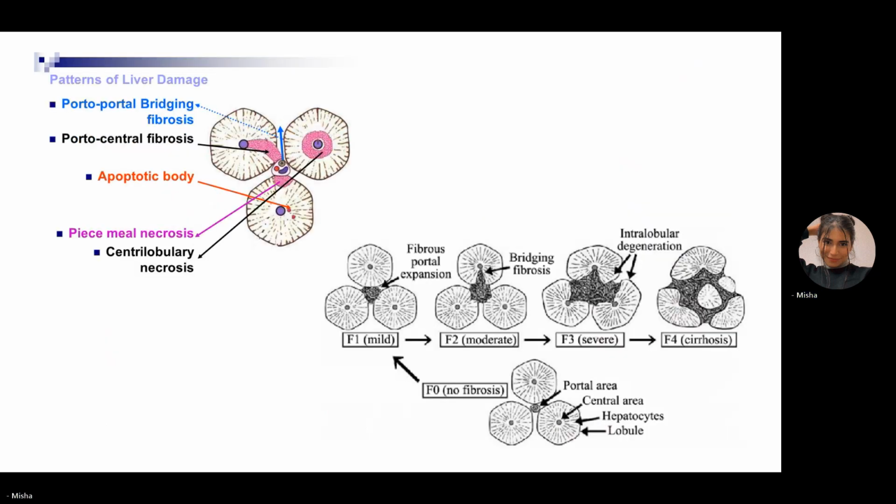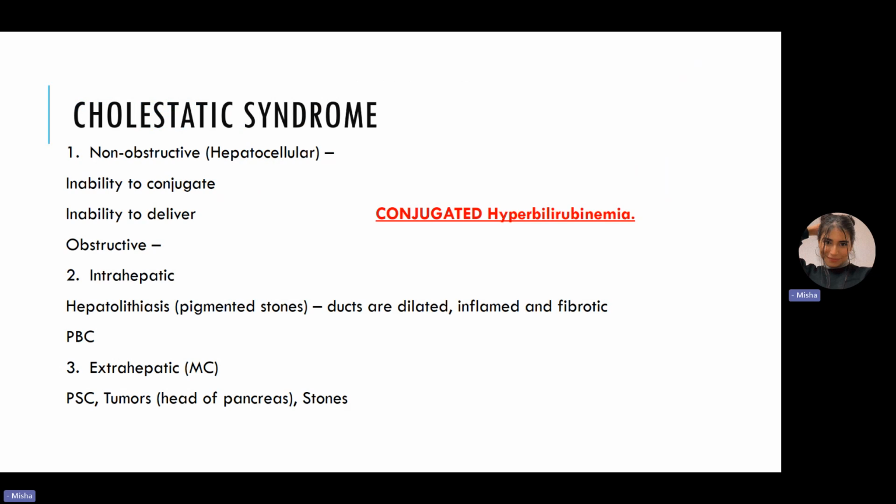Furthermore, the next part of the question basically asks about cholestatic syndrome. In cholestatic syndrome, what they really want you to mention is about cholestasis. And cholestasis has its own question as well, but we can mention it over here briefly. Now, in this case, we would see that there's impaired production, secretion, or outflow of bile, which can be either non-obstructive, basically hepatocellular.